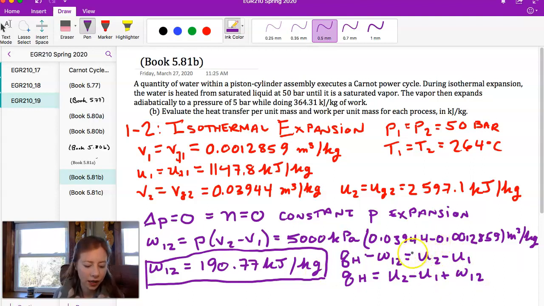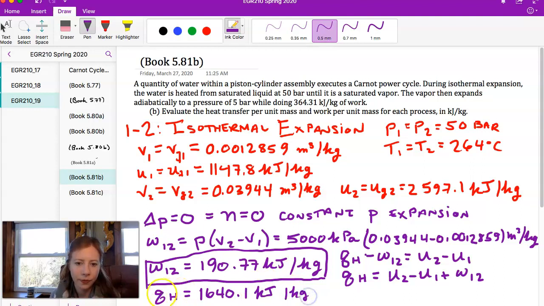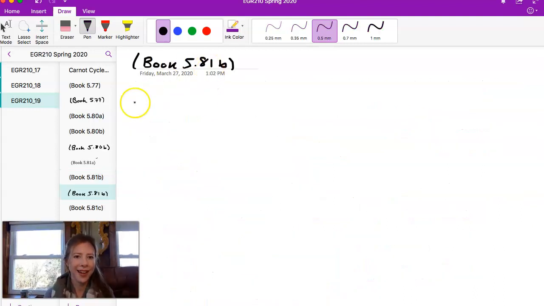Okay, so that is just going to be U2 was 2,597.1 minus U1, which was 1,147.8, plus W12, which was 190.77. And so QH is going to be 1640.1 kilojoules per kilogram. Okay. Okay, we have a long way to keep going on this part, so let's keep working.